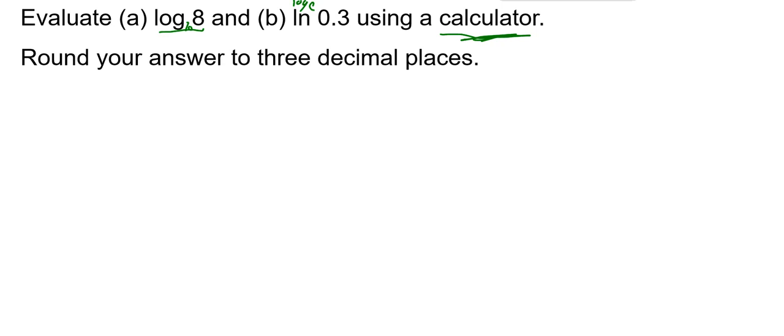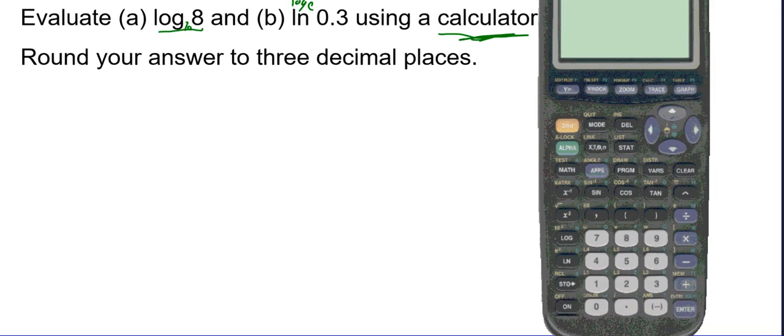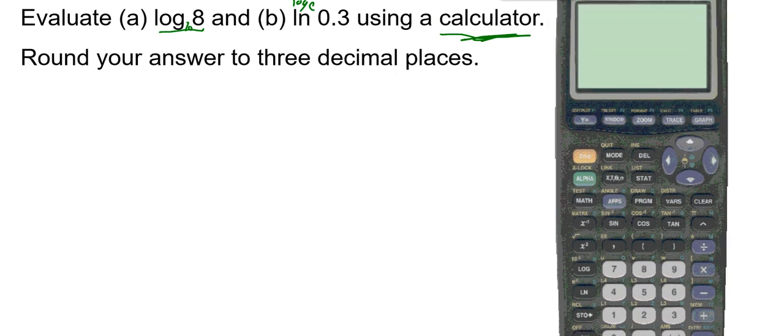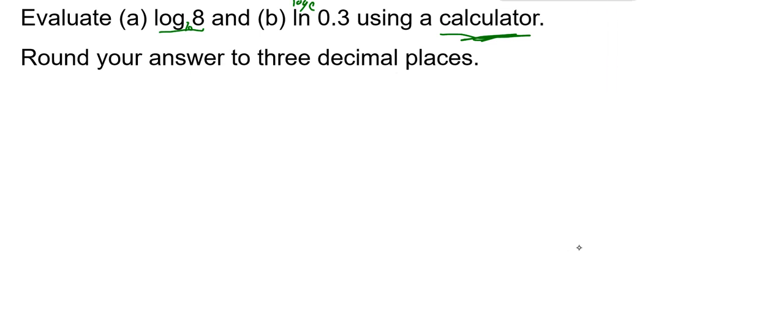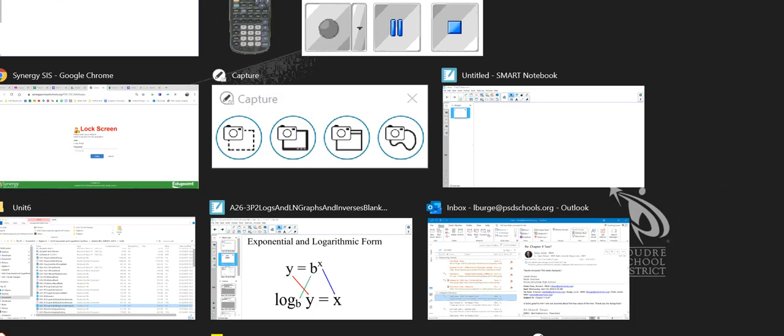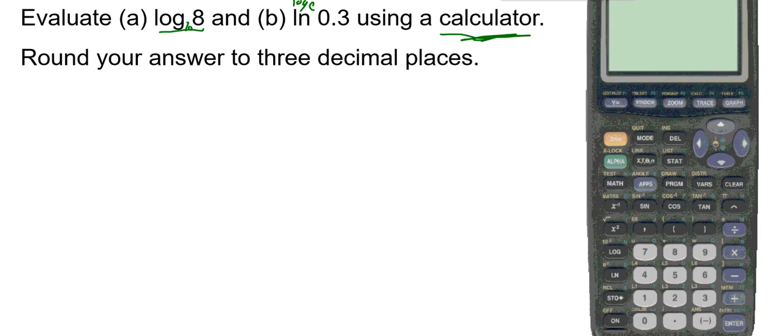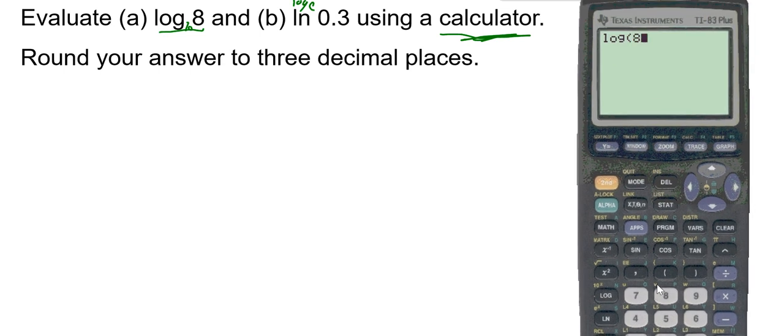Okay. So if I go ahead and pull up my graphing calculator, I'm going to see that my logarithms live right there in my calculator. So if I want to calculate, see if I can get my calculator to work here. Clear out my screen. I want to do log of 8. Okay.